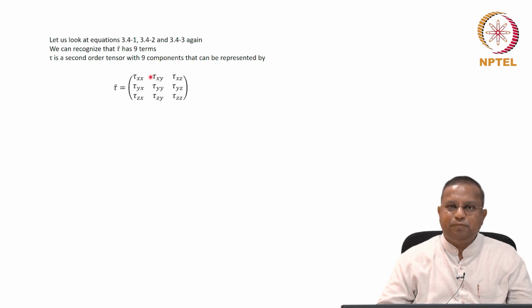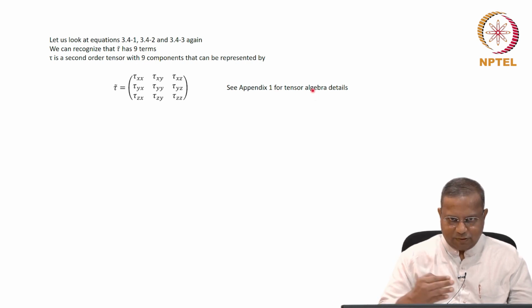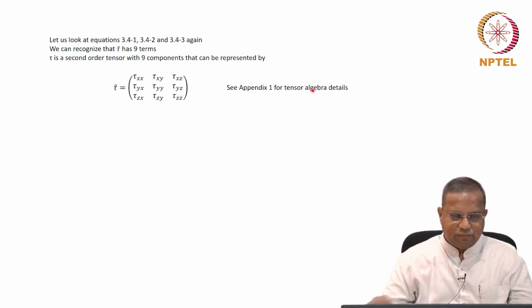We typically write the components: τxx, τxy, τxz, τyx, τyy, τyz, τzx, τzy, τzz. Please see appendix 1 of your textbook for a nice development of this. If some things are unclear, please check the appendix.